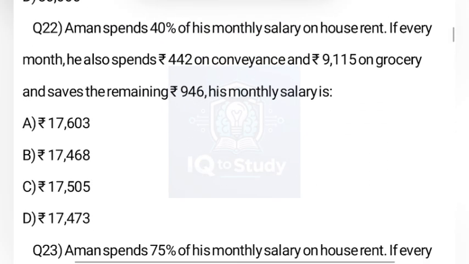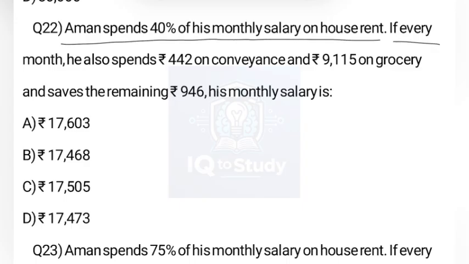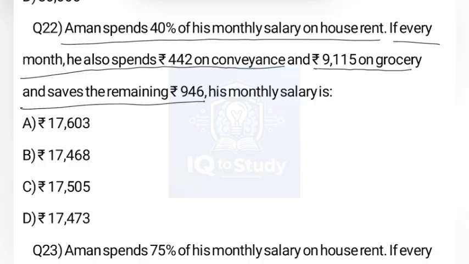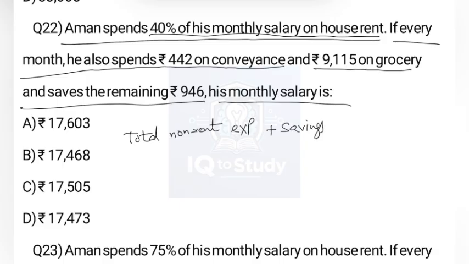Aman spends 40% of his monthly salary on house rent. If every month he also spends 442 rupees on conveyance and 9,115 rupees on grocery and saves the remaining 946 rupees, his monthly salary is. He spends 40% on house rent, so the remaining is 60%. So total non-rent expenses plus savings is equal to 442 plus 9,115 plus 946, that is 10,503 rupees.